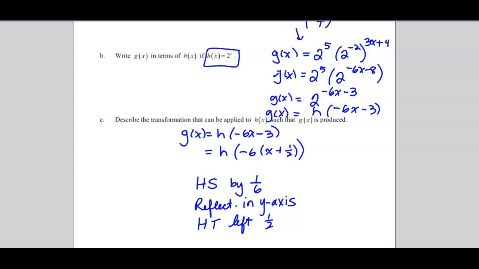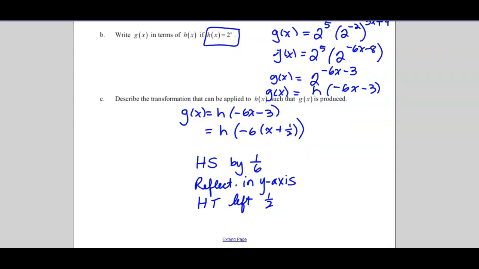You know what, let's just do 9 so that we're done the whole thing. Number 9 is probably something you may have done, even like experiments in science class.